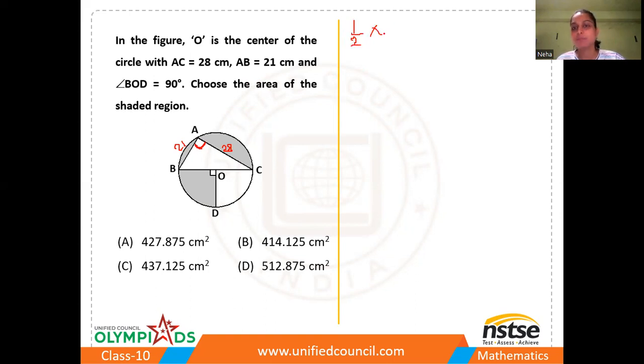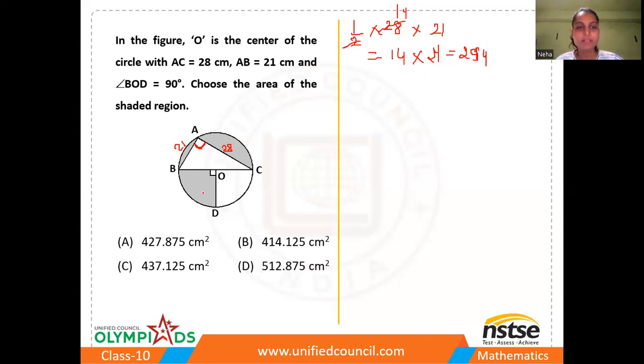So the area of the right angle triangle is half of base into height. So base is 28 and height is 21, right? So this is the area of the triangle ABC. So I can cancel out this. 14 times, right? Now this is 14 multiplied by 21. So 14 multiplied by 21, I think this is 294, correct? So the area of the triangle ABC is 294.